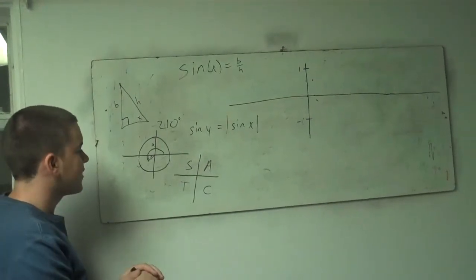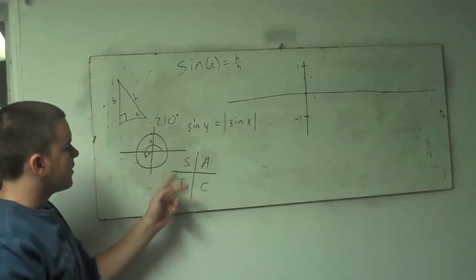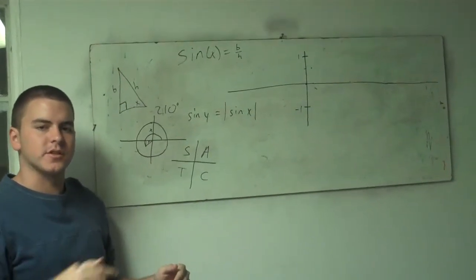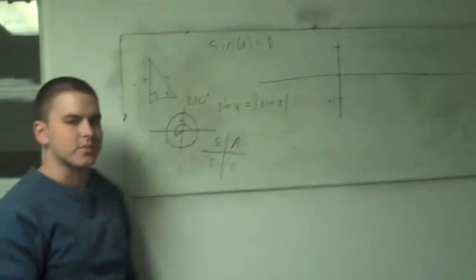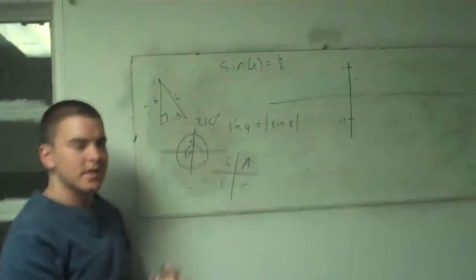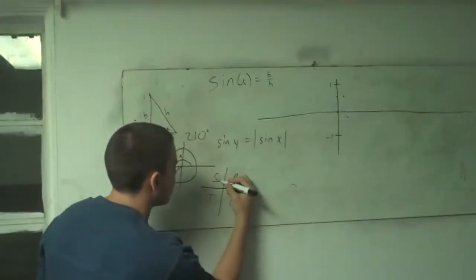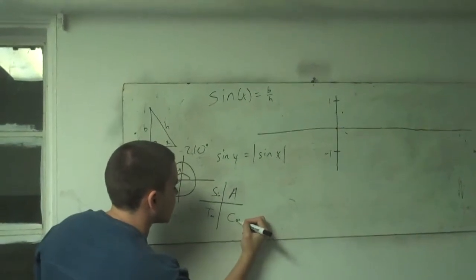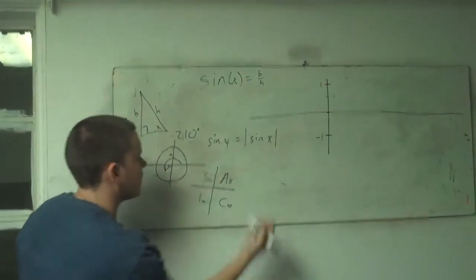True enough, right? Now if I was to tell you that, given these letters, that they stand for trig functions, showing where they're positive, given a certain angle as to what quadrant it falls into, what do you think the S is going to be for? It's going to be for sine, the T for tangent, and the C for cosine, and the A is for all.